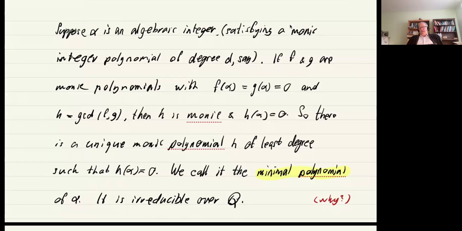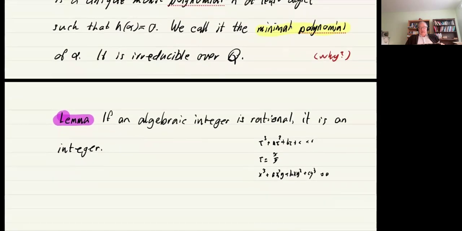There's also a non-trivial result that if an integer polynomial factors over the rationals, it factors over the integers, and that's due to Gauss. But I'm trying not to do too much number theory.